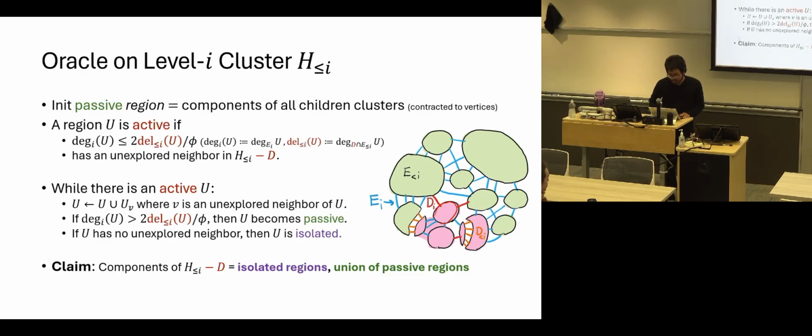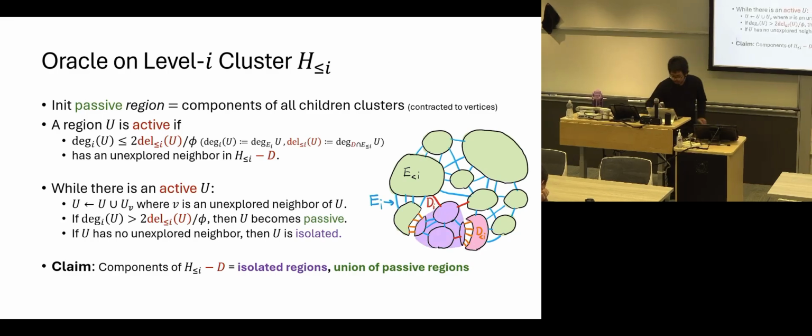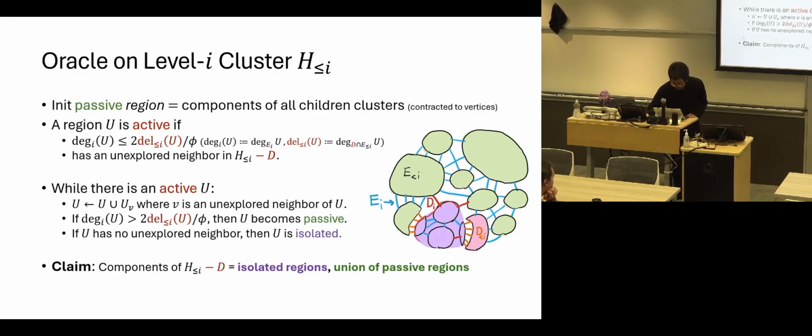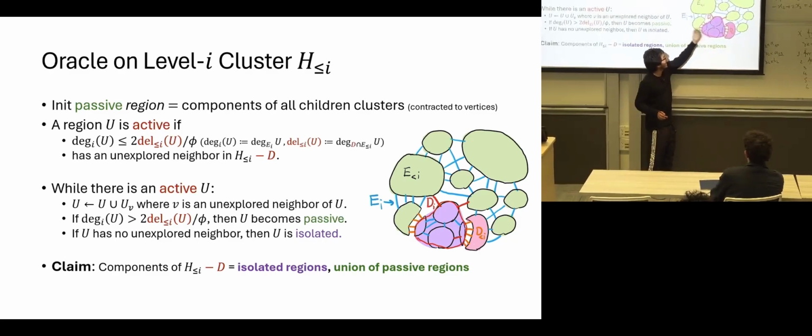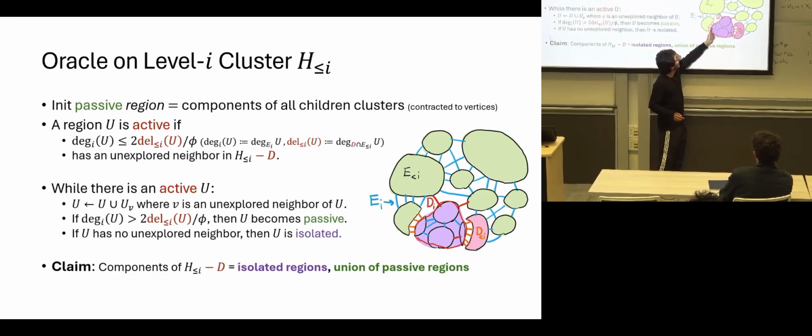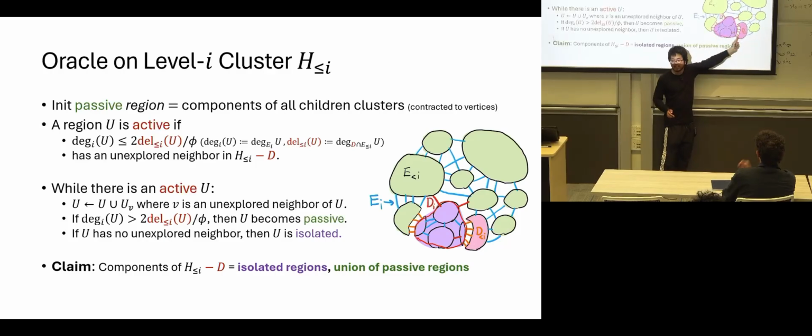And then there is still another neighbor here. Then I go further, and merge. And now, once I look at this region, all of my incident edges that go out are already deleted. So there is no unexplored neighbor that I can go further to. So it becomes isolated.